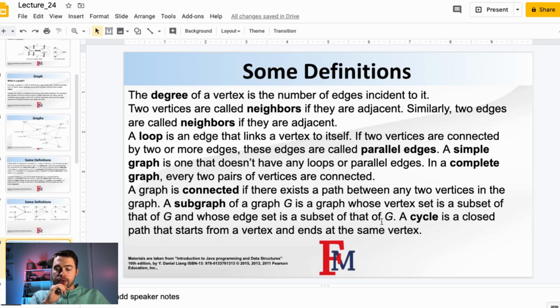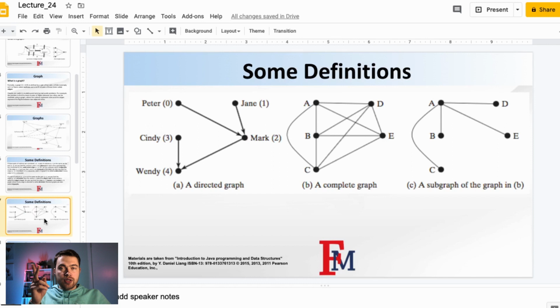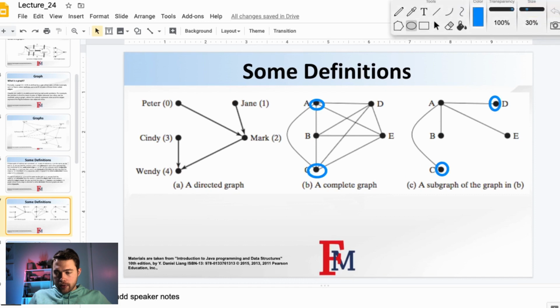A cycle is a closed path that starts from a vertex and ends at the same vertex. There is a difference between a cycle and a loop. A loop I already described: if an edge comes out of C and comes back to C, that would be a loop. A cycle is a sequence of edges which come back to the same vertex.